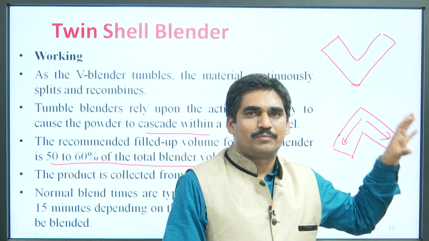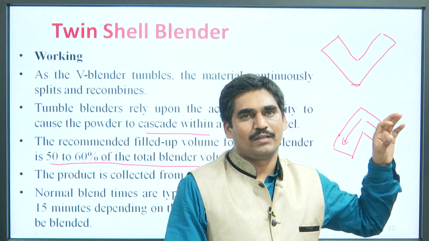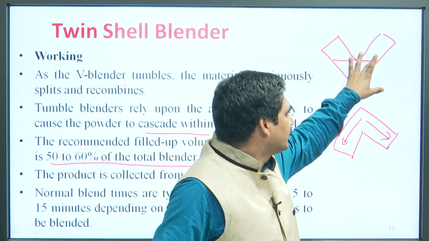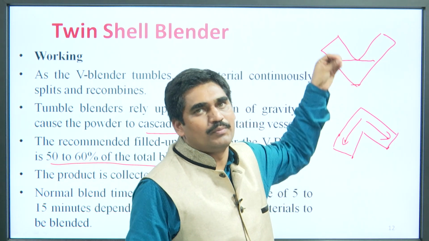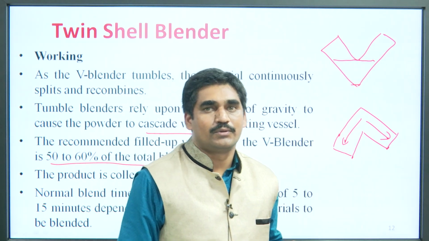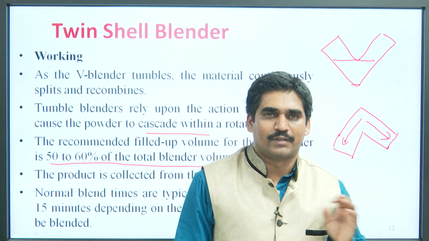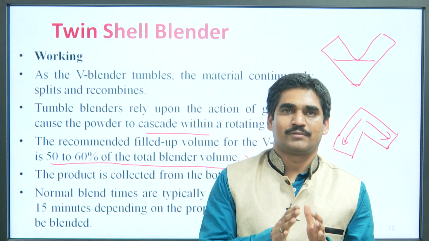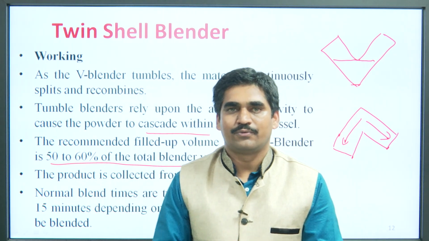Whatever the size of the equipment is, you have to fill about 50% of this blender with the material you want to mix, not more than 50 to 60%. 40% blank space should be there for uniform mixing.